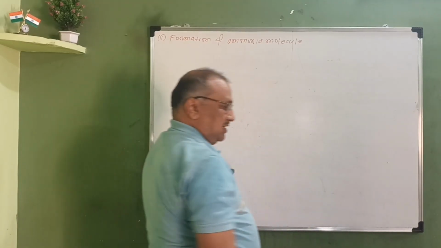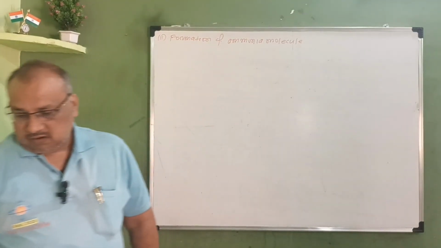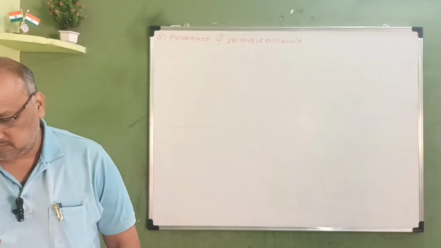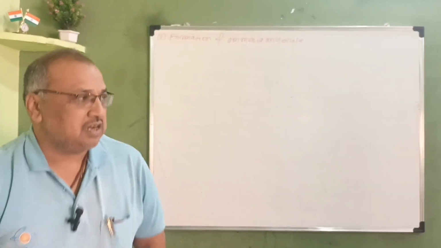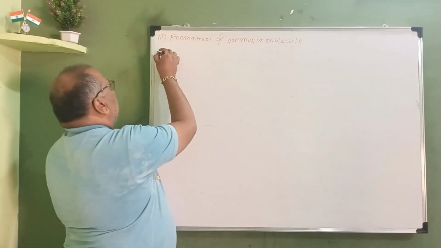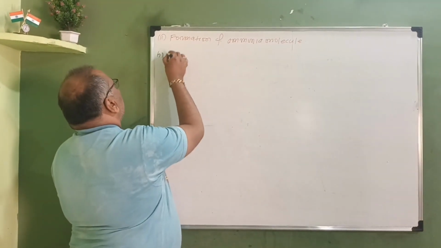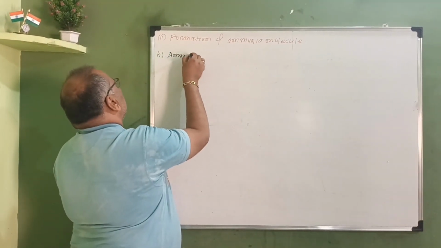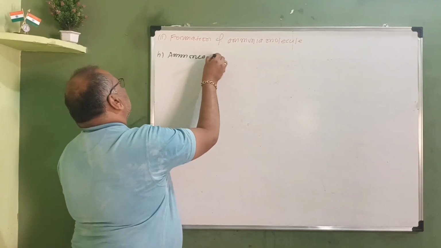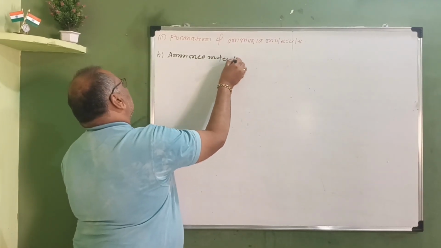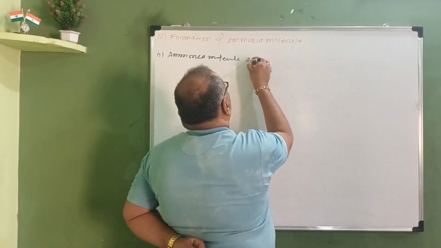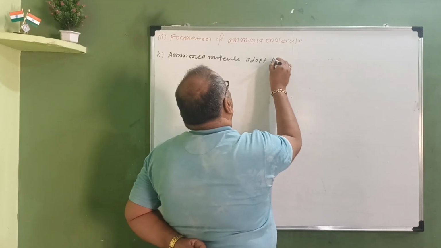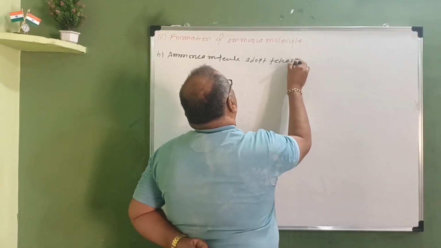Now then, next point. Here, the ammonia molecule adopts tetrahedral geometry.